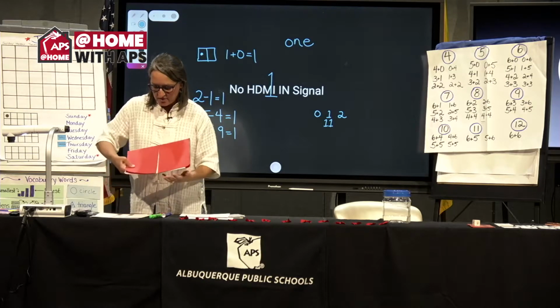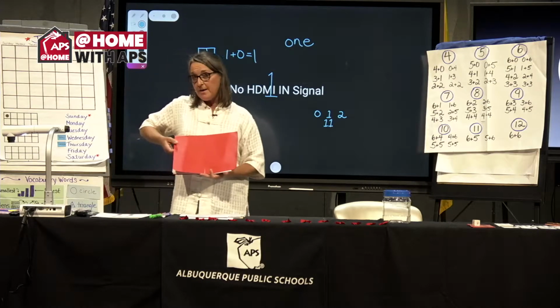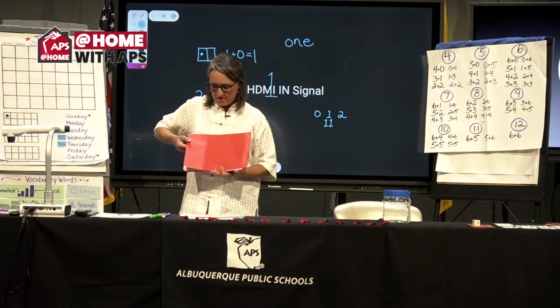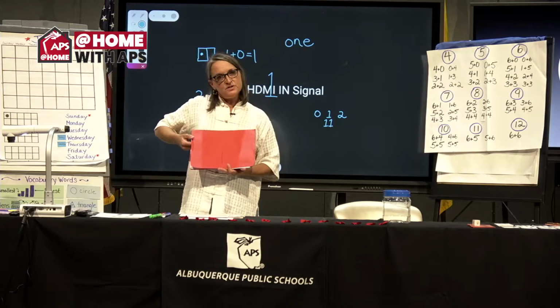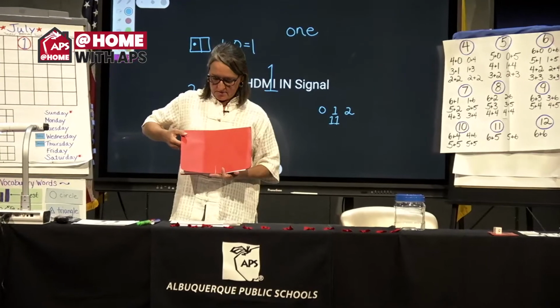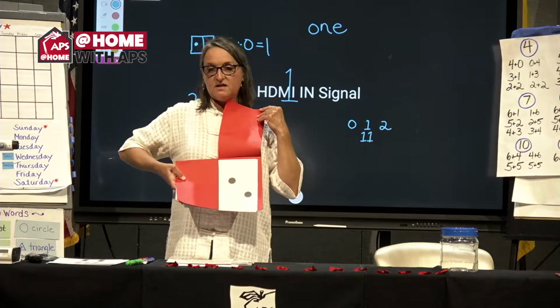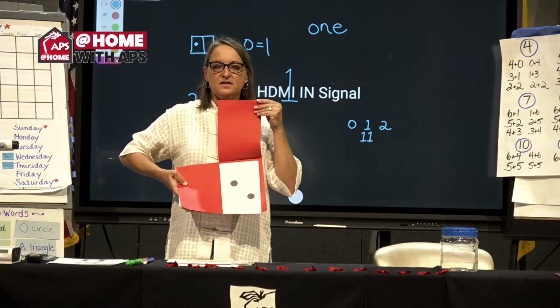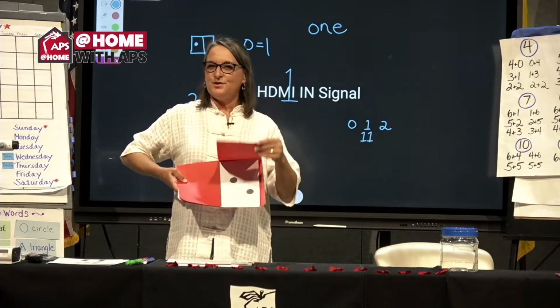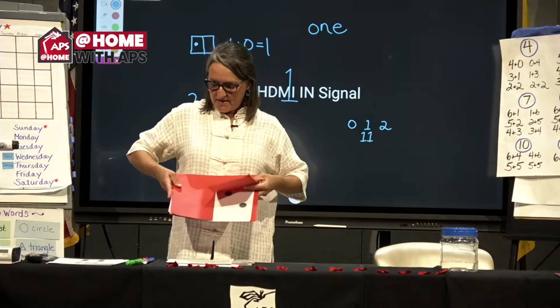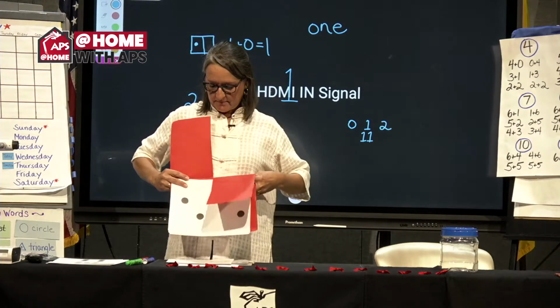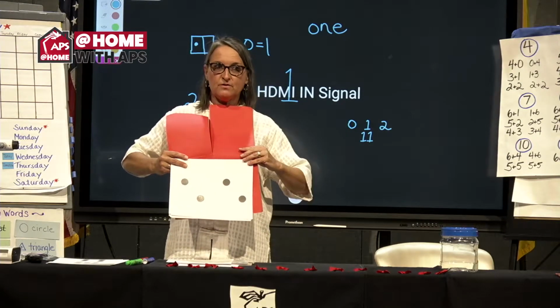So let's just try out a couple, okay? I'm going to show you quickly some dot patterns, and then you tell me how many you think. Ready? 2 under here, 2 more here. How many is that all together? You know that one because it's a double, right? 2 and 2, 4.